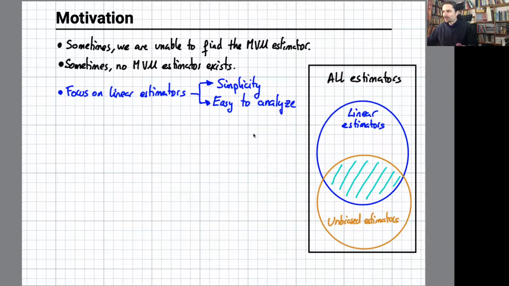Okay, so the reason is that linear estimators are simple and they are easy to analyze. So their computational complexity is low, and their bias and variance or covariance are easy to obtain, right? Remember from probability theory that the expectation or covariance of a linear function of a random vector can be readily computed if we know the mean and covariance of that random vector.